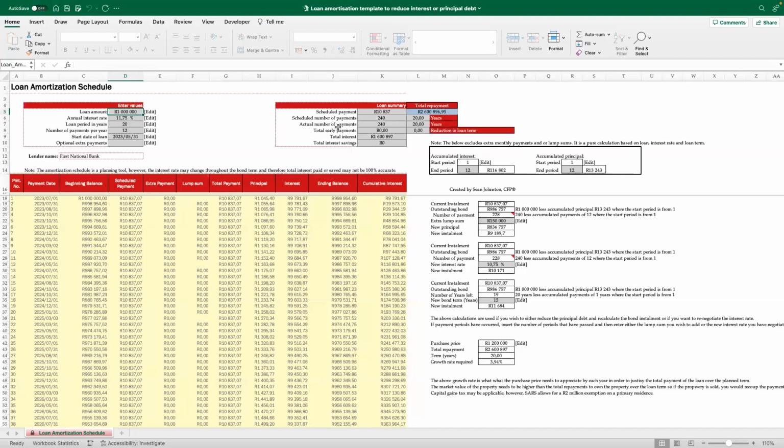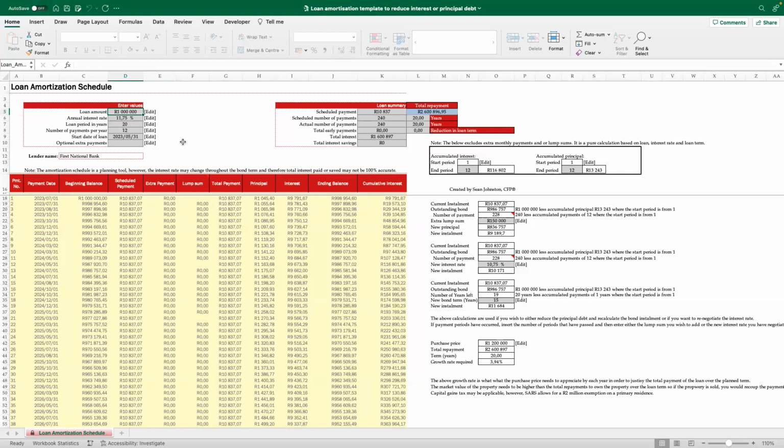So that's obviously quite a lot of interest, and the interest payment is over here, 1,600,897. And quite simply, that just means that this person is going to be paying close to 1.6 times what their original principal debt was to finance this property, which is obviously quite substantial.